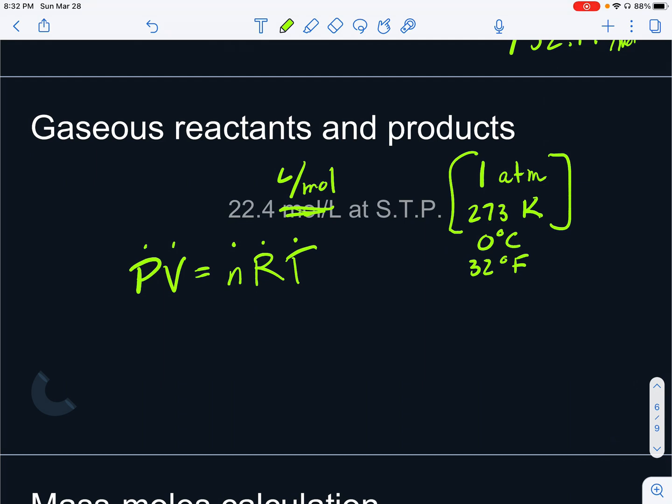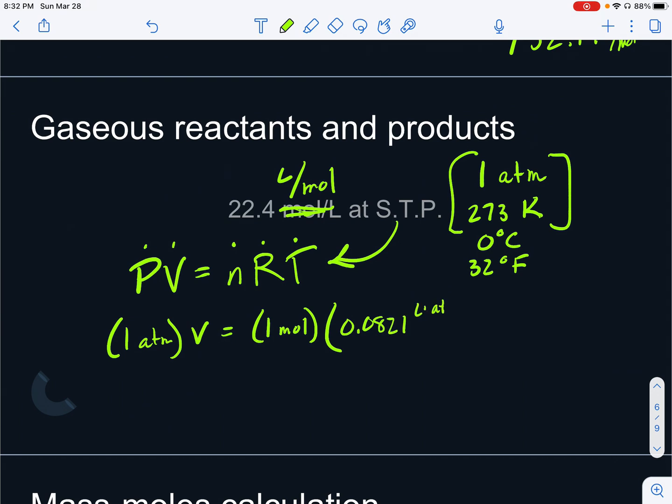And if you plug in standard temperature and pressure to this equation, you get 1 atmosphere times the volume equals 1 mole times R, which is 0.0821 liters dot atmospheres over mole dot Kelvin. Real kind of complicated little unit that balances everything out.